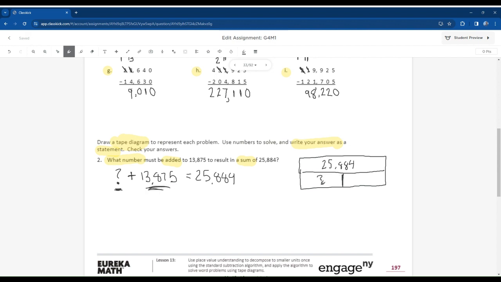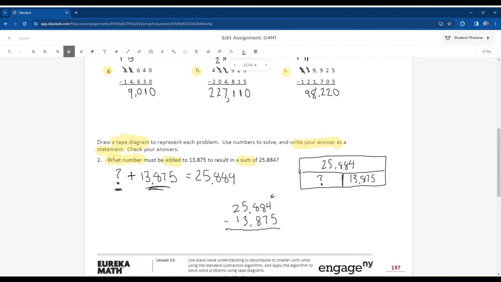So we don't know what this part is here, but the other part is 13,875. Now, how do we find this missing part? We need to use subtraction. We're going to take 25,884 and subtract 13,875.